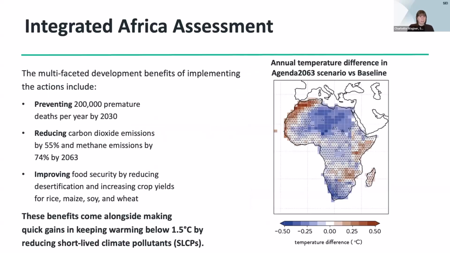The Integrated Africa Assessment provided various results, including that there were multifaceted development benefits from implementing the actions that were laid out, including preventing over 200,000 premature deaths per year by 2030, and reducing carbon dioxide emissions by 55% and methane emissions by 74% by 2063, and also improving food security by reducing desertification and increasing crop yields for a variety of staples.